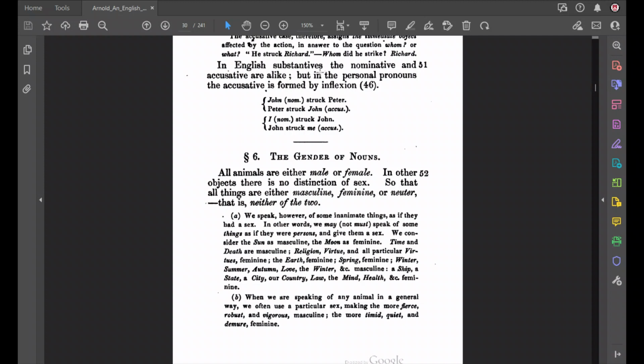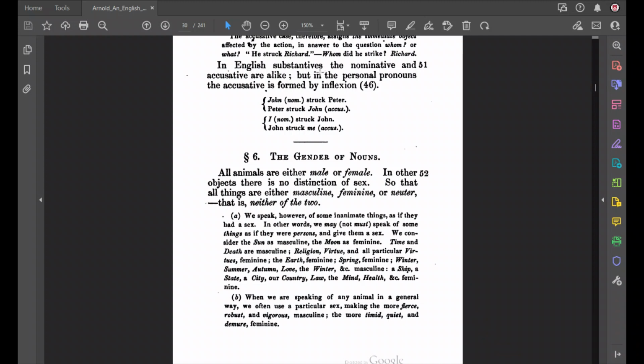And it's this idea of sex that we refer to when we talk about genders, the gender of nouns. Things that are considered male are said to be masculine. Things that are considered to be female are said to be feminine in gender.